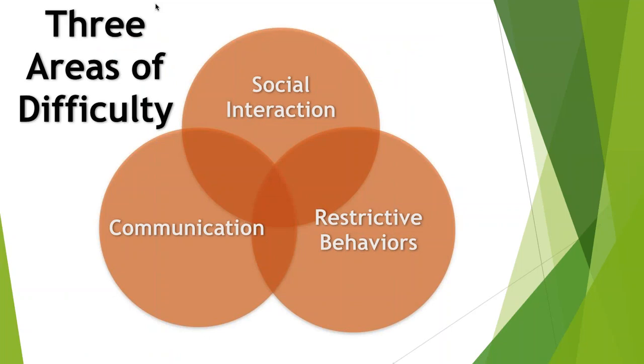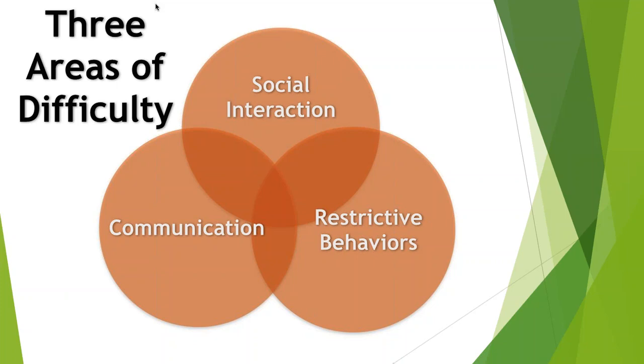Contrast that with a person who is blind. They have a service animal, or they use a white cane, so there's some visual indicator of a disability. That's not the case with people with autism spectrum disorder. So keep in mind that the interaction is where we might see some areas of difficulty.